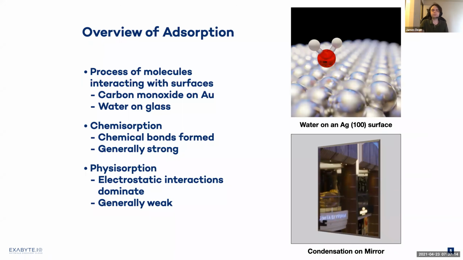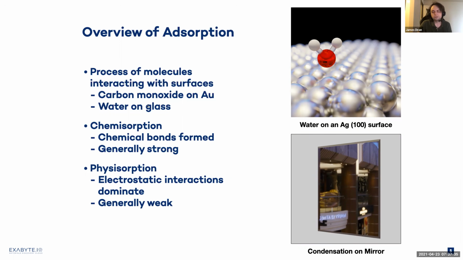So what is adsorption? Why should I care about adsorption? Adsorption is the process of molecules interacting with surfaces. For example, up here, we've got a water molecule on a silver 111 surface. But adsorption is one of those things that we interact with on a day-to-day basis. For example, water will adsorb to glass.